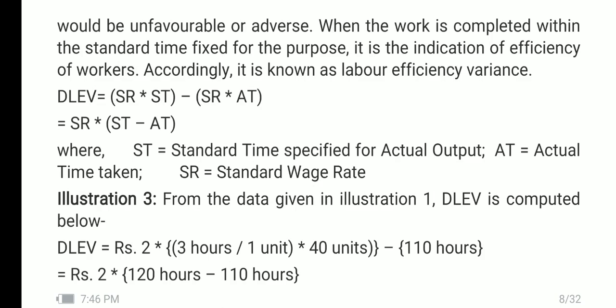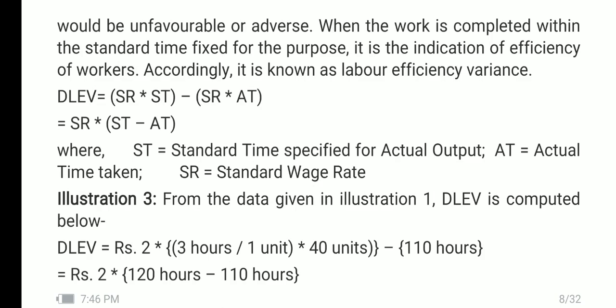Now we can consider an illustration to understand this variance. From the data given in illustration 1, DLEV, that is efficiency variance, is computed below. DLEV is equal to rupees 2, which is the standard wage rate, into 3 hours per 1 unit.